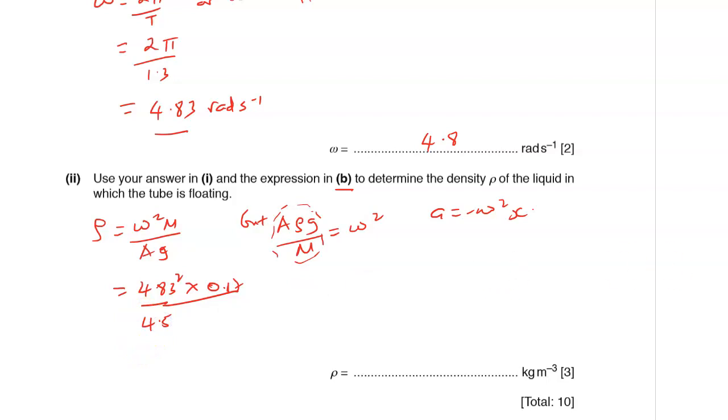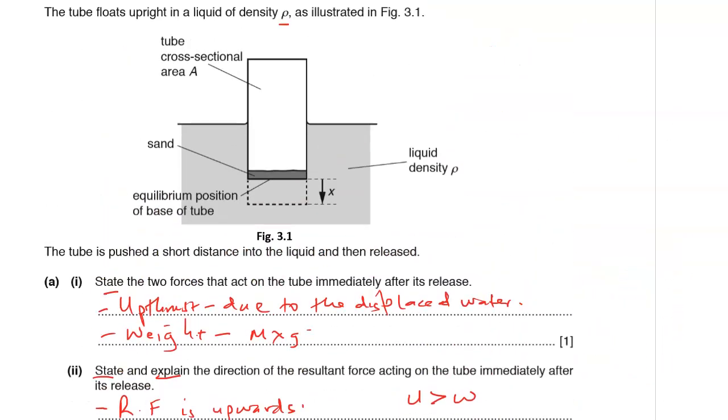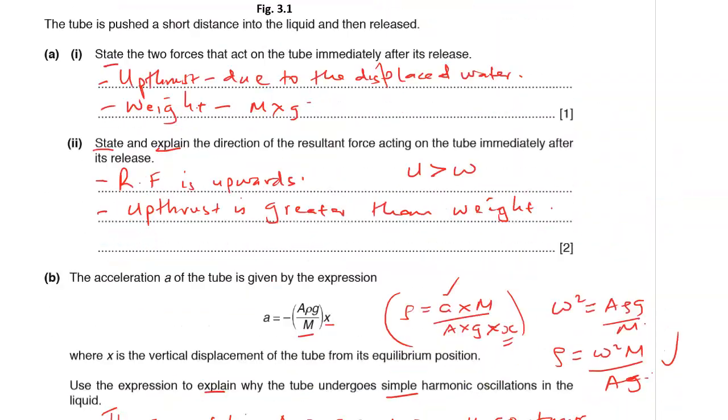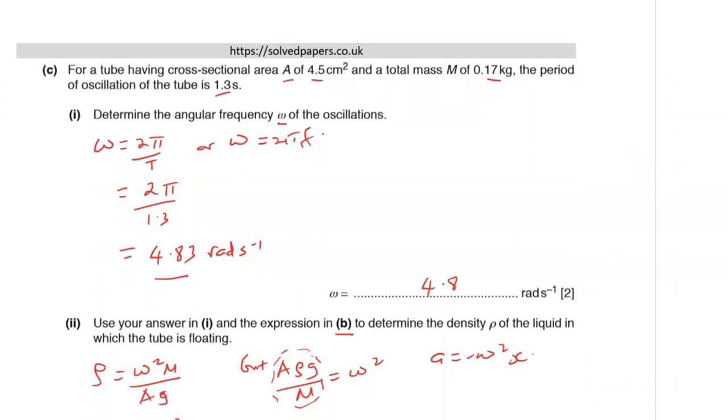I can show you that here. Cross-sectional area, where is that? Yes, given here, the cross-sectional area is 4.5 centimeters squared. This is the same as 4.5 times 10 raised to power minus 4 meters squared, since centimeter squared converts to meter squared.